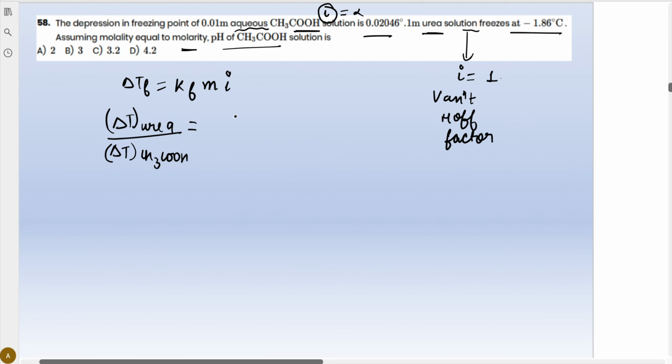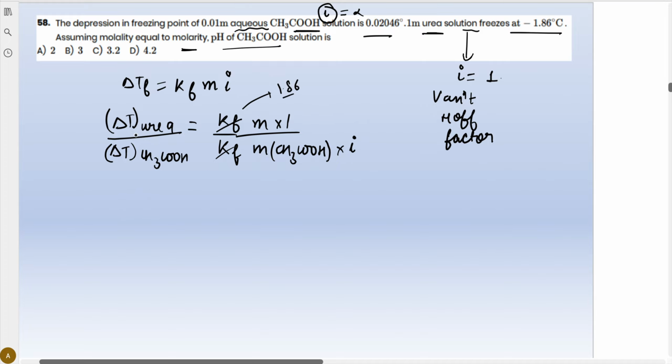So KF of water above will cancel out, into m into 1, and down it will be molarity of acetic acid into I. Now KF of water is 1.86, it will cancel out up and down, so no need to find KF.